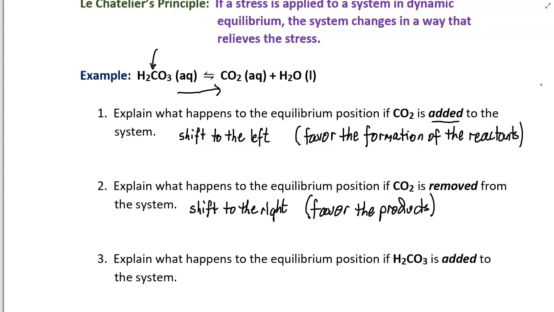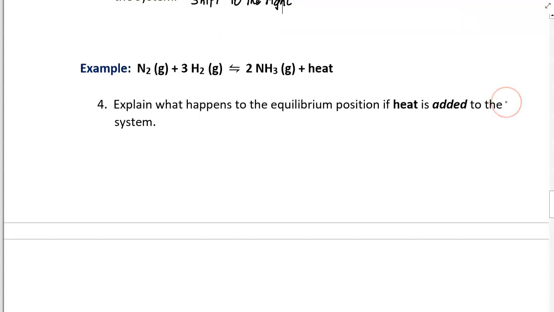So the equilibrium position will shift to the right. Although the chemical equation is reversible, both forward and reverse reactions are occurring at the same time, the forward reaction will be favored.